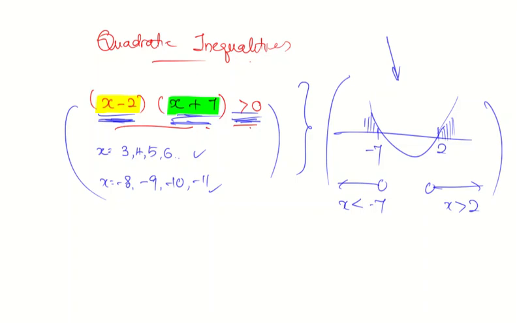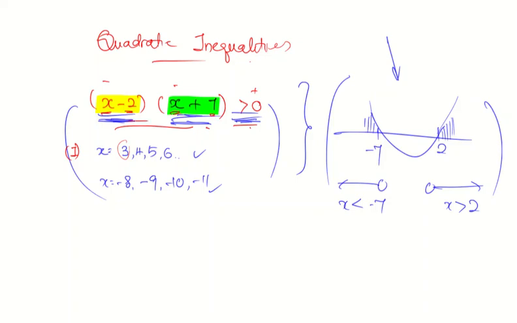Both also must be positive. Positive times positive is a positive. Or you can have yellow negative, green also negative. Negative times negative is a positive. So if you want to get a positive value, you have two possible situations where the yellow positive, green also positive. X is 3, 3 minus 2 is positive, 3 plus 7 is positive.